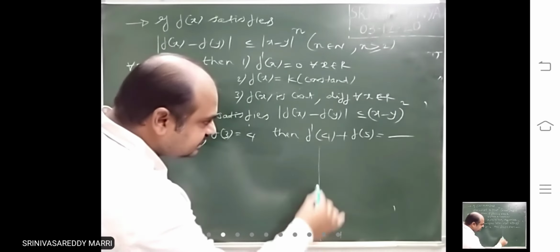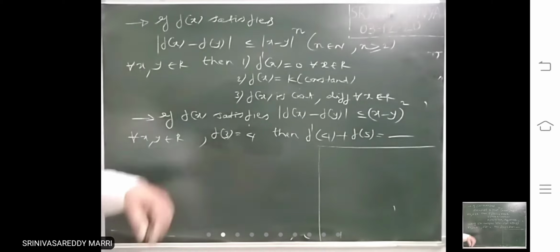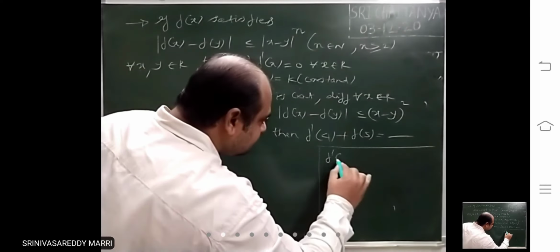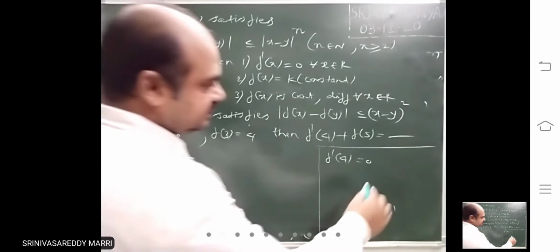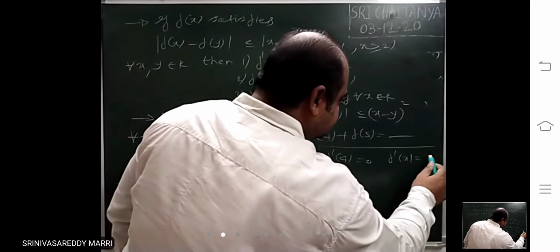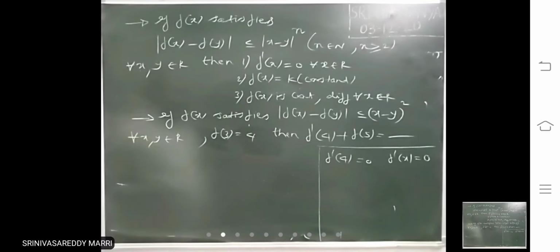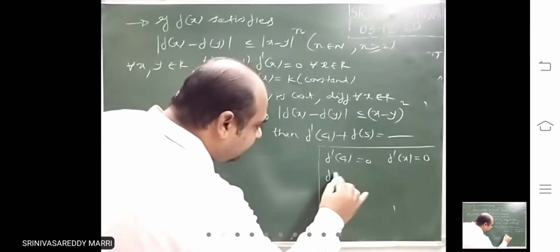Now I am using that shortcut, look at here. After that I will do. The shortcut is f dash x equal to 0, at all points it will be 0. F dash x equal to 0 means put x equal to 4, anywhere it will be 0. F dash 4 equal to 0. Now f of x is constant.